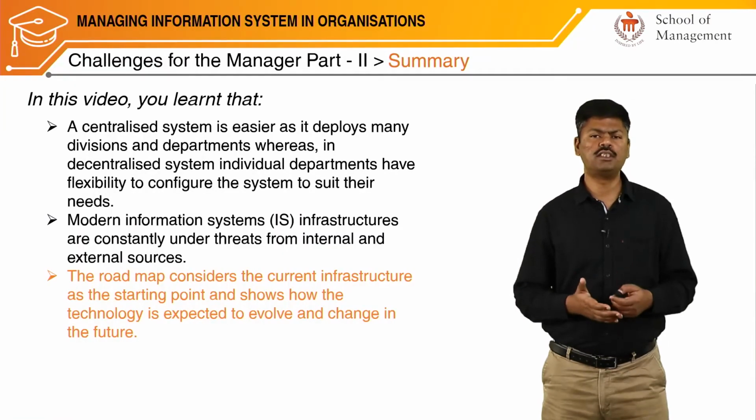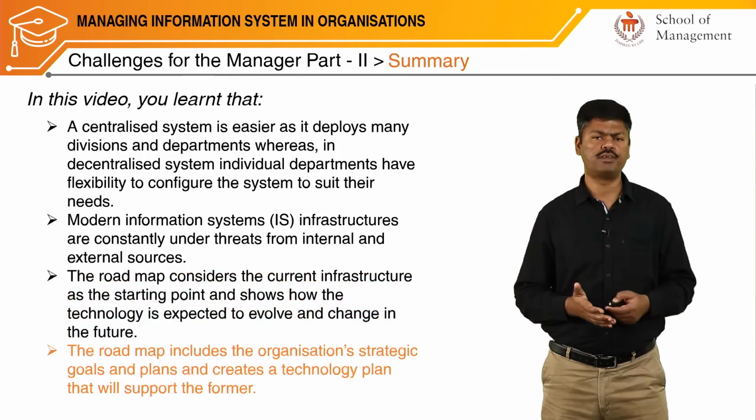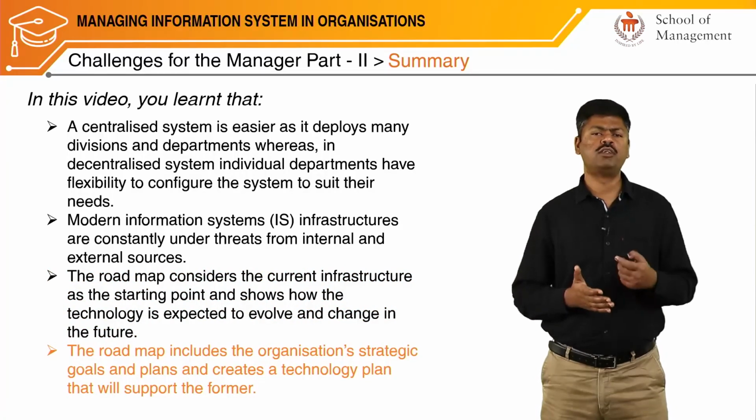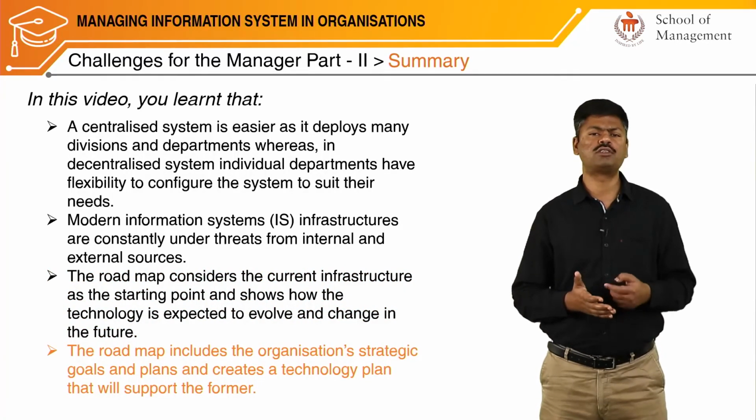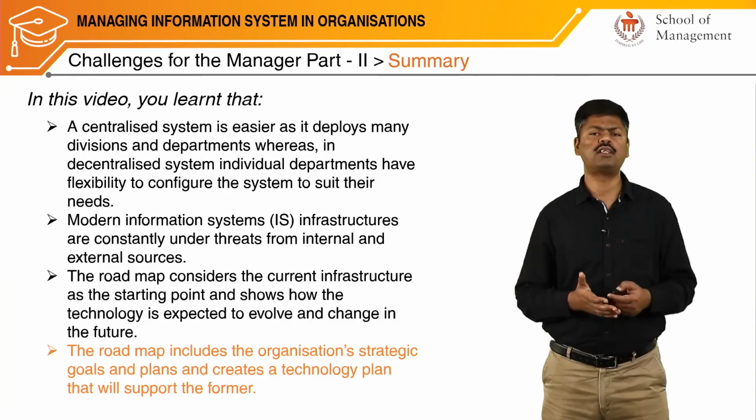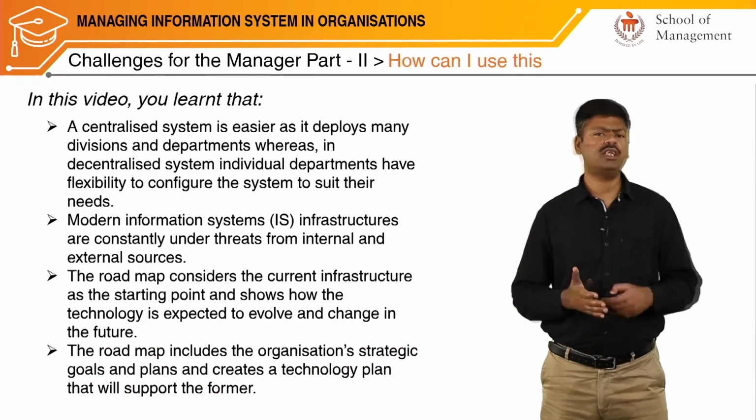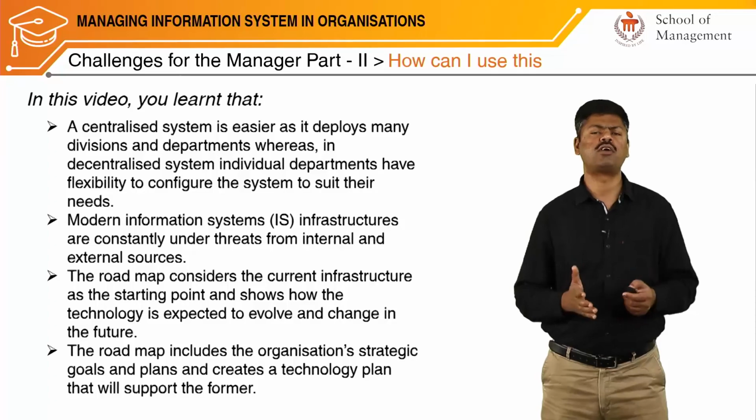The roadmap considers the current infrastructure as the starting point and shows how the technology is expected to evolve and change in the future. The roadmap includes the organization's strategic goals and plans and creates a technology plan that would support the former. In this video, you understood the importance of security issues and requirements of a technology blueprint in an organization.